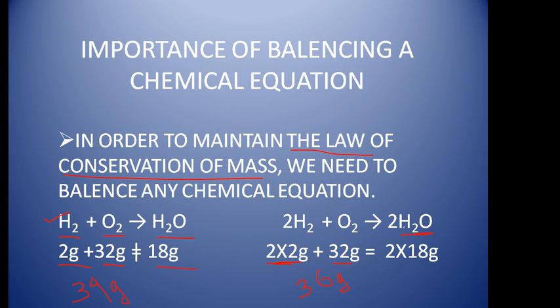As it is written 2 H2O, so 2 into 18. That means it is again 36 gram. So the masses are equal in both the reactant and product side. That means in a balanced chemical equation, the law of conservation of mass is always followed. Am I clear? So to maintain the law of conservation of mass, we need to balance all the chemical equations.